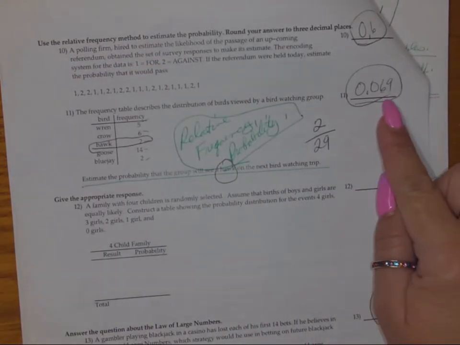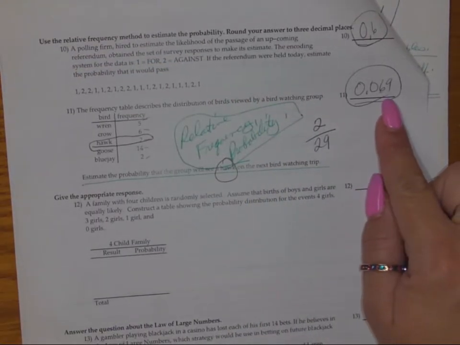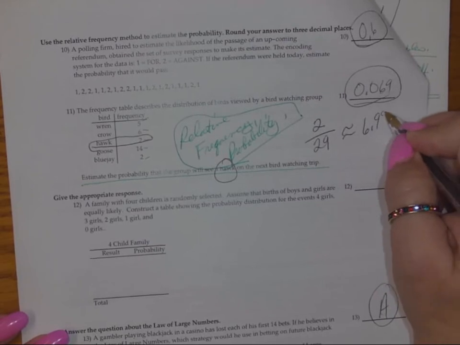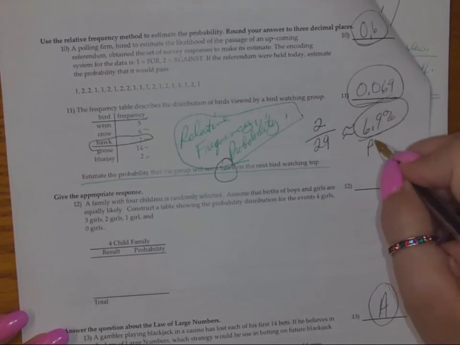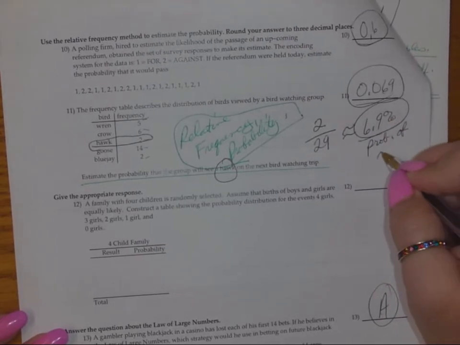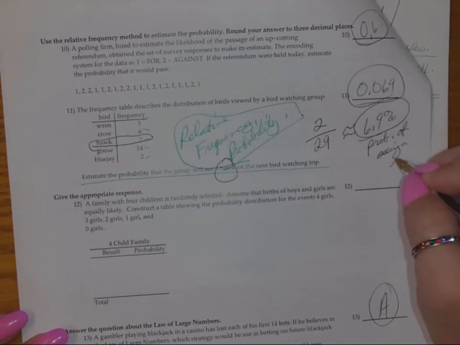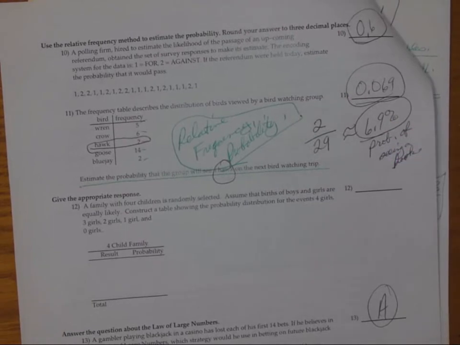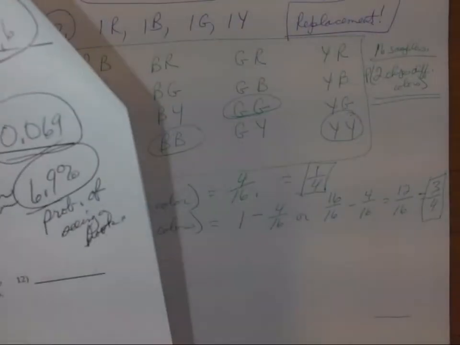So there's about a 6% chance, maybe 7%, we'd probably round that up. 6.9% probability of seeing a hawk. Okay, so there's a possibility. It's not a very big possibility. It's only about a 7% chance, but it's out there. Okay, so we've got some of that stuff going on.